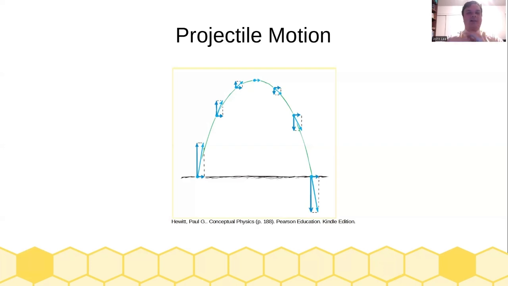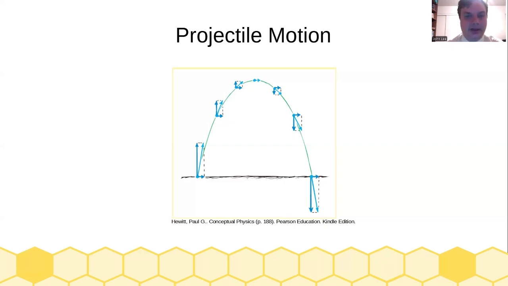There's no vertical component of the vector at the top of the path. You will see that the vector is pointing entirely in the x direction, and then it is going to start going faster and faster as it is sped down towards the Earth.